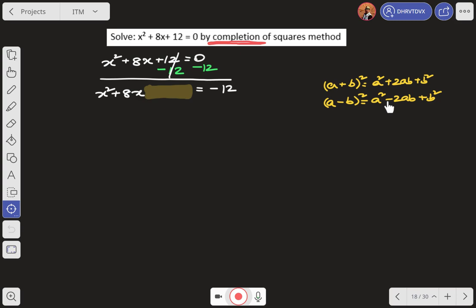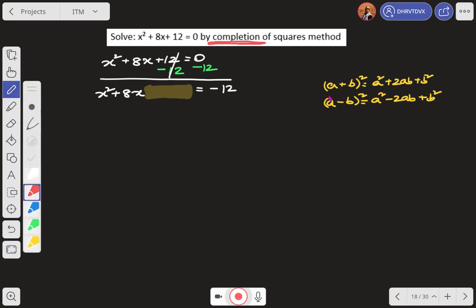If I consider the second one, I see that there is a negative sign, but there is a positive sign here in the first one. So I go with the first one, a plus b whole square equals a square plus 2ab plus b square. So let me copy that.